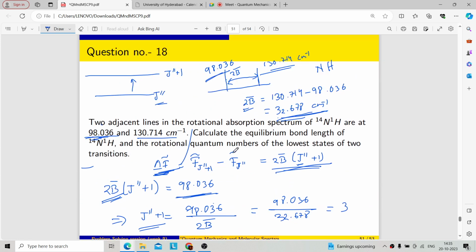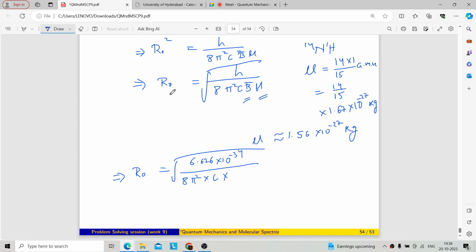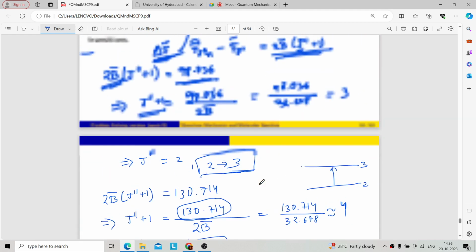We calculated 2 V bar, so let's convert it to 2 V bar: 4 pi square then 2 V bar times mu is this value. So this was 32.678.